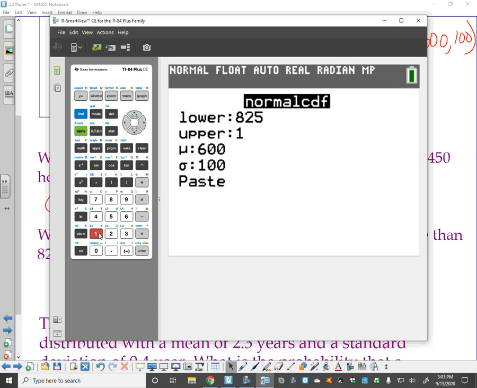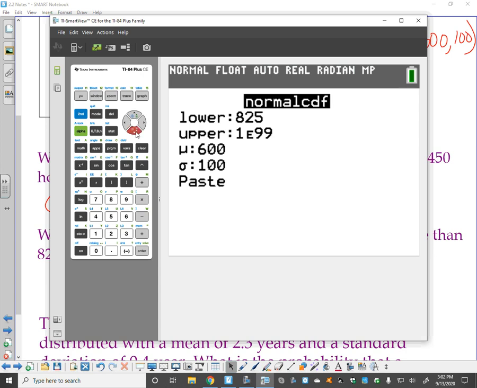The button above the number 7 is the comma, but the second function of that, you'll see an EE, and that's what I want. So I'm going to do second, comma, and it gets me that E, 99. So that is, for your calculator's purposes, positive infinity. If I wanted negative infinity, I would have done negative 1E99.